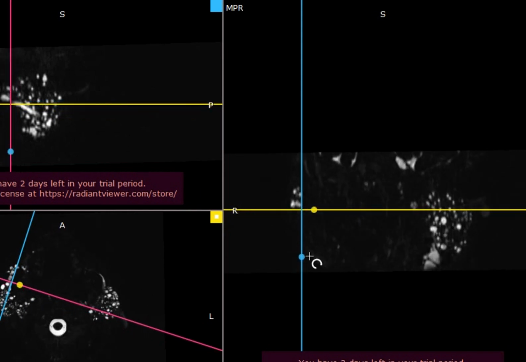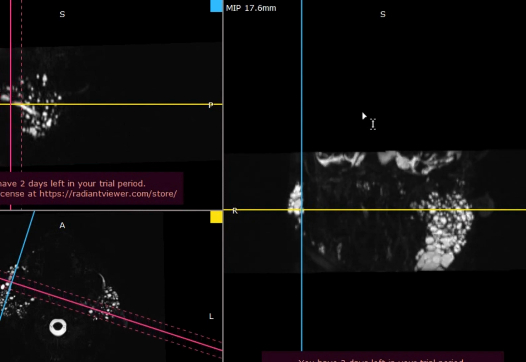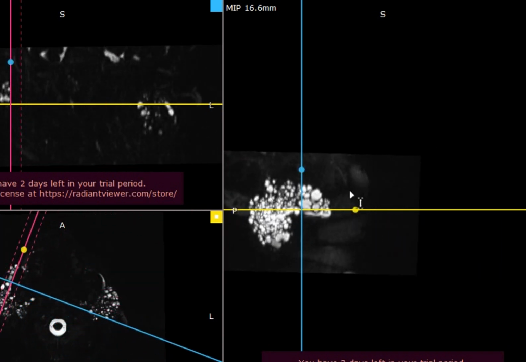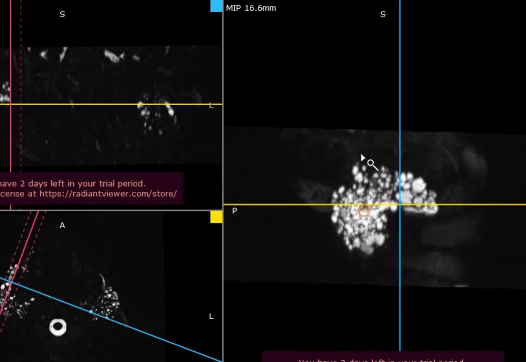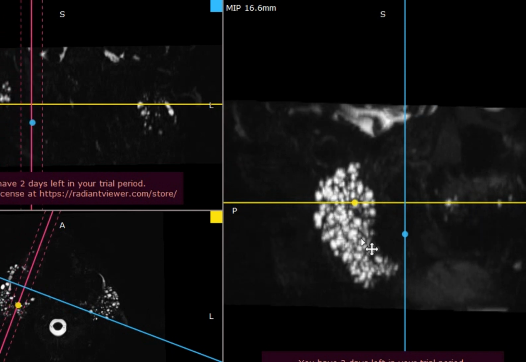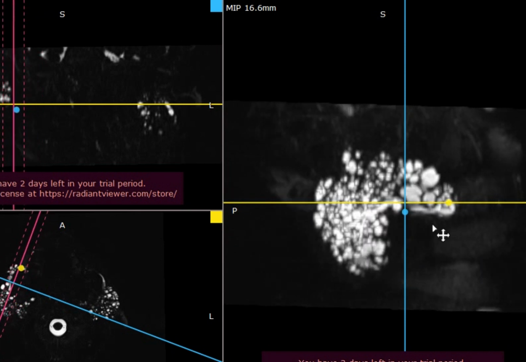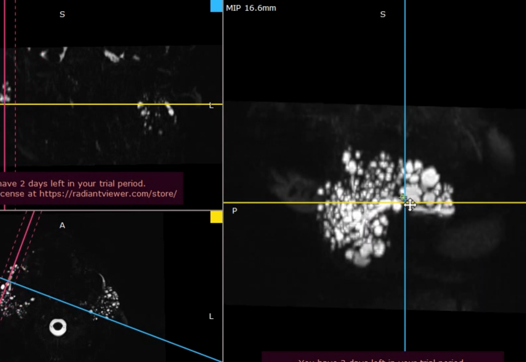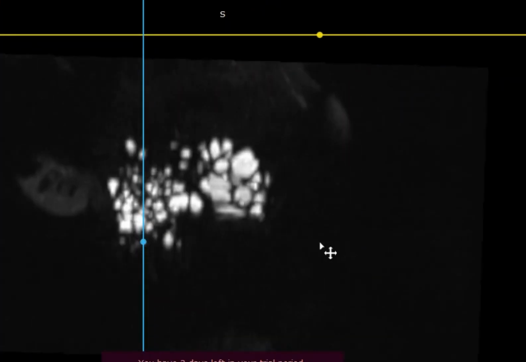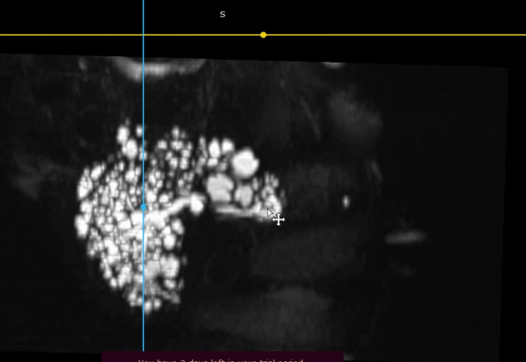Then we increase the slice thickness like that, and just rotate it like this, and you'll have a very nice demonstration of the gland and the cysts, and this is the duct. You just remove this, magnify. You can see the duct going here.